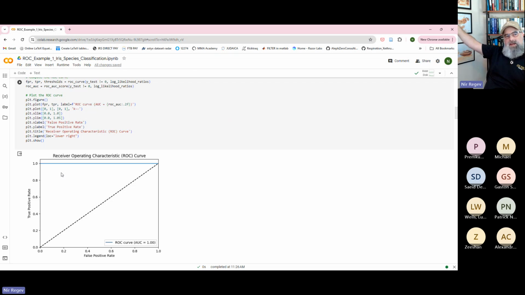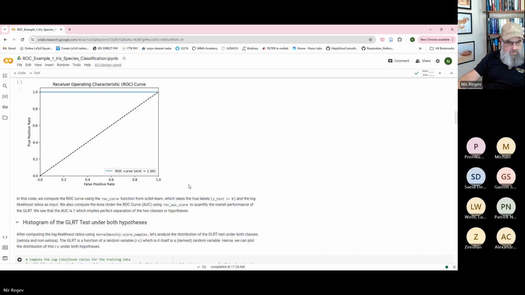But if we sampled an infinite amount of flowers, we would probably have a few anomalies that would make us wrong, so to speak. But in this data set, we don't see it. So for this test data set, we get a perfect ROC curve. You see, this is the perfect ROC curve. The AUC is 1, and the ROC curve is spanning these two axes, the PD and the PFA.